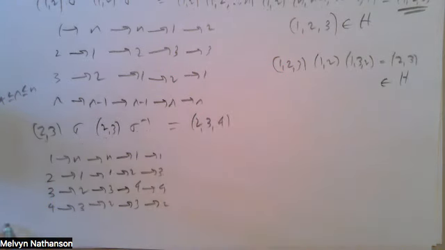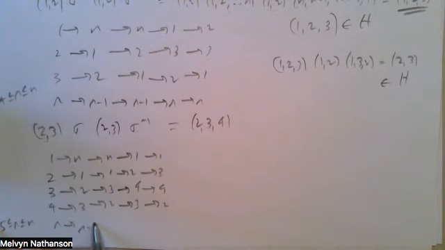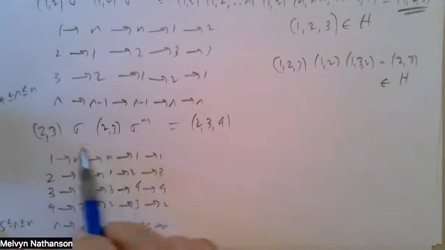And if I take R, any number from 5 up to n, R would go to R minus 1, goes to R minus 1, goes to R, goes to R. R is fixed.